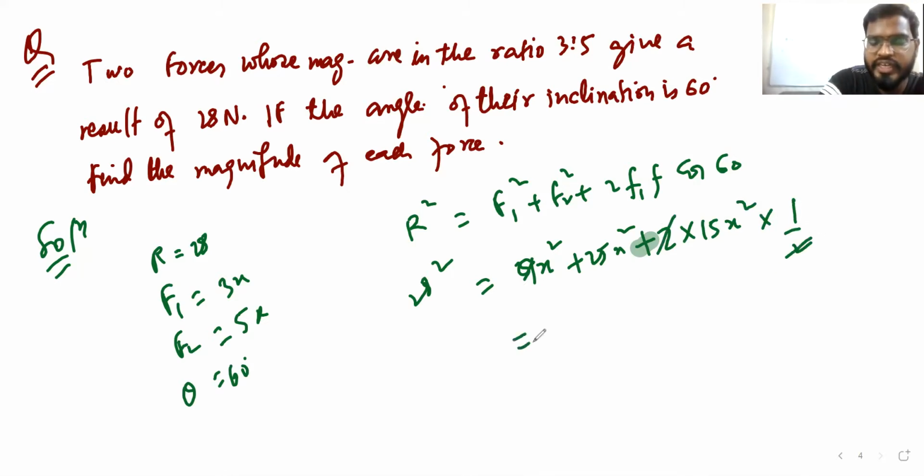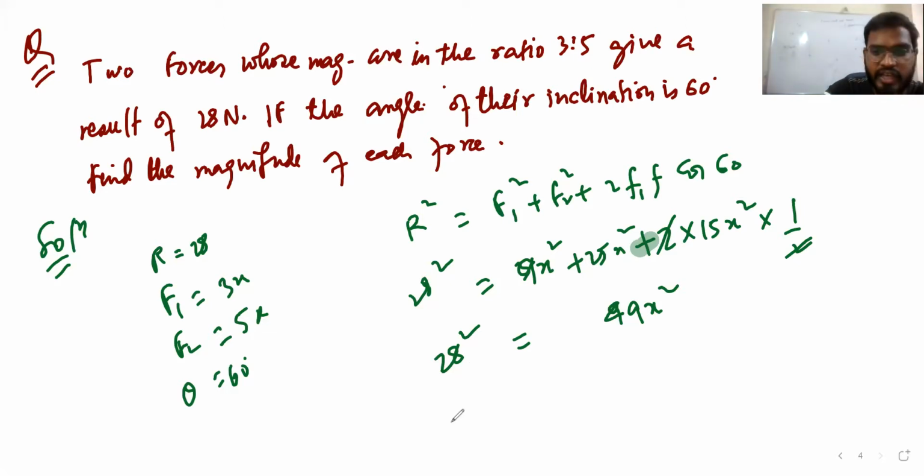So now 9x square plus 25x square plus 15x square is 49x square, which is equal to 28 square. 28 we can't take as a square, this we can take as 7 square, right?